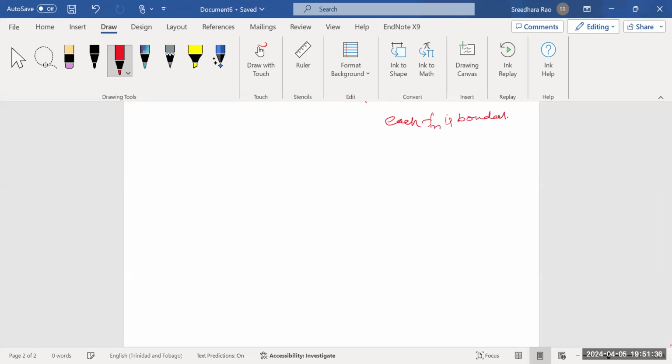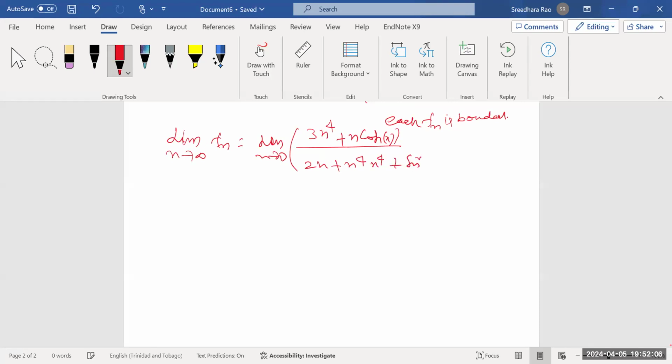So is the limit function bounded or not? So limit n tends to infinity of Fn is equal to limit n tends to infinity, this is your simple way, right? So that is 2n plus n to the power of 4 plus x to the power of 4 plus sine square x, divided by n to the power of 4.